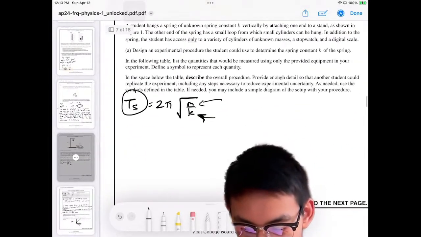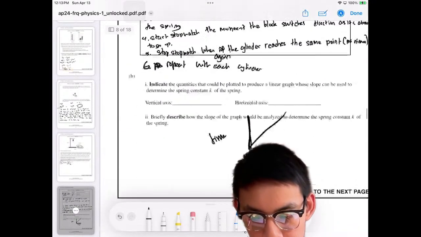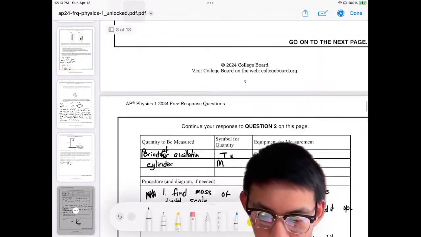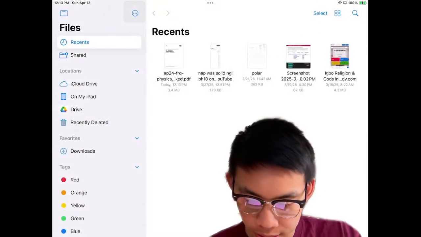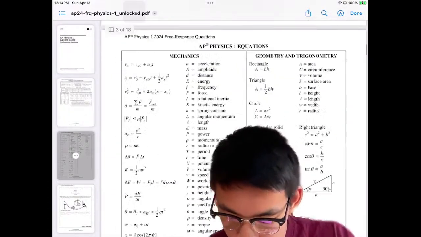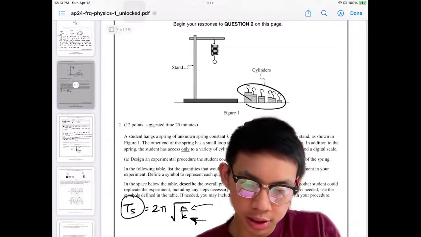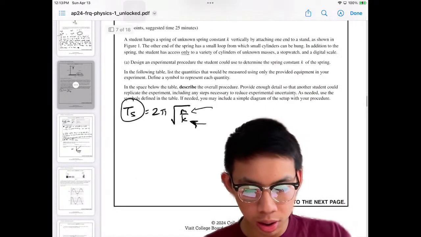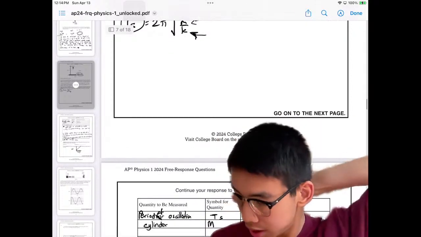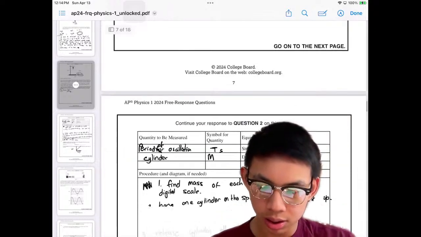So I have to solve it for time. Oh, wait, is that already it? Time, and then my x-axis has to be weight. Oops, where'd it go?